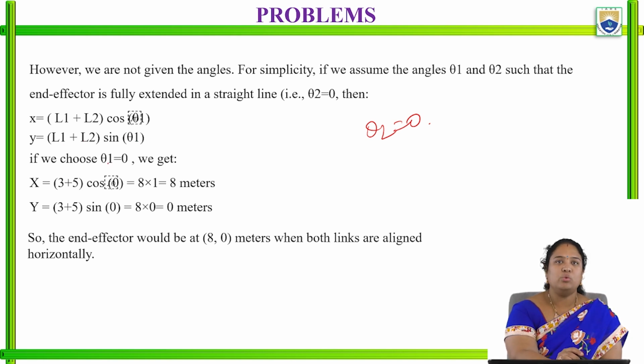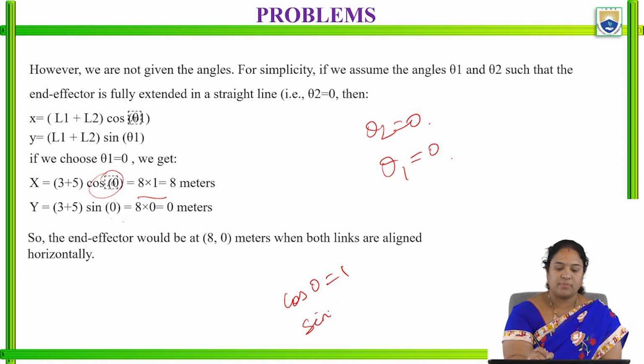Now, if we consider theta 1 equal to 0, then what happens? x is equal to, as we know, L1 and L2 are 3 and 5, so (3 plus 5) into cos 0, which is nothing but 8 into 1, since cos 0 is 1. y is equal to (3 plus 5) into sin 0, and sin 0 is equal to 0.